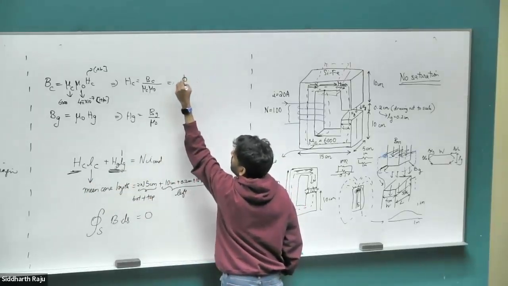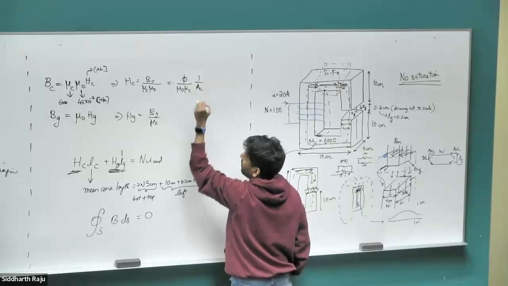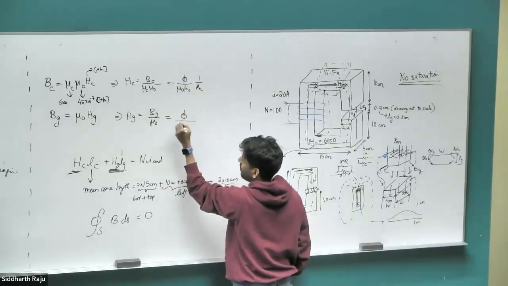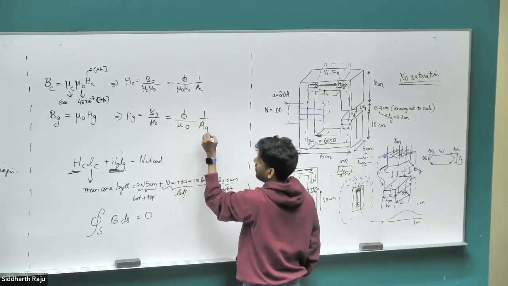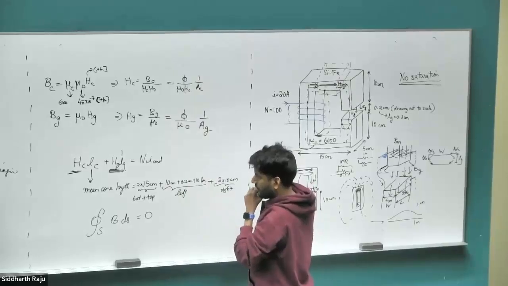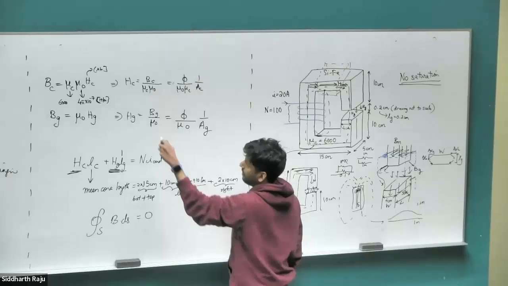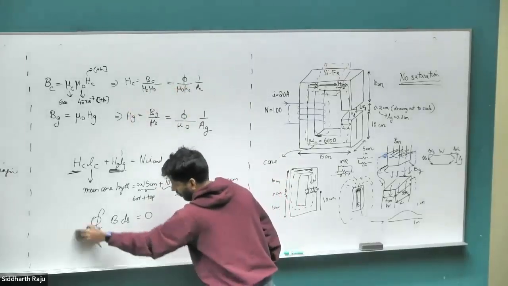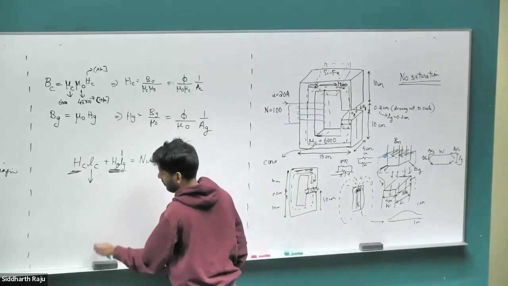We have flux divided by mu naught, mu C, times 1 by AC. And this again would be equal to the same flux divided by mu naught times Ag, for the air gap. So now we have resolved it into a single variable, right? We have expressed both Hg and Hc in terms of flux phi. So we got all the terms we have. We can just substitute them into our original first equation.